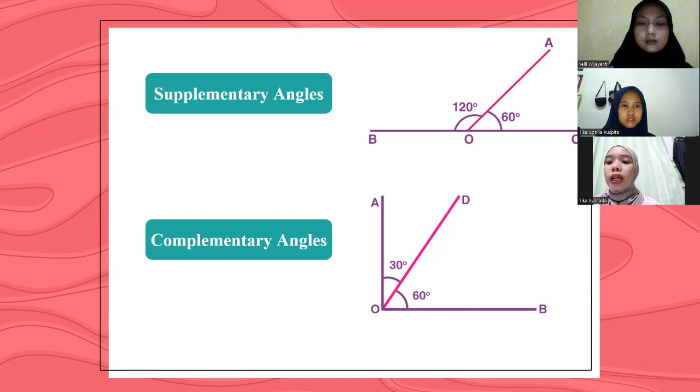And for complementary angles, two angles which sum up to 90 degrees are called complementary angles. The first side is 30 degrees and the other side is 60 degrees.